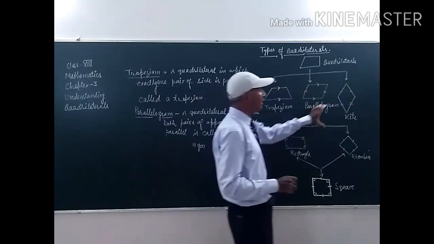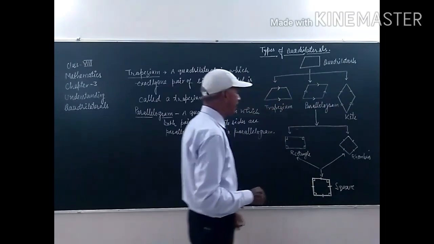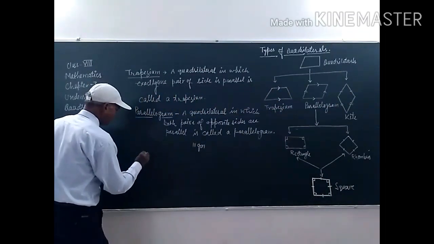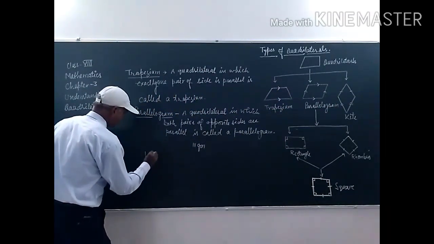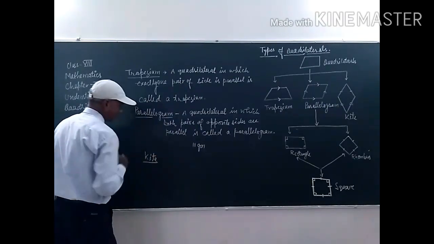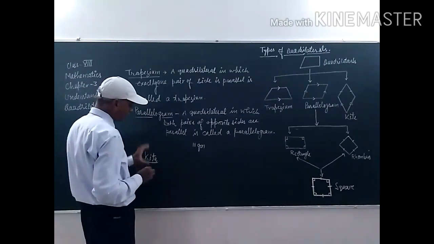And the third quadrilateral is the kite. This is the third type of quadrilateral.